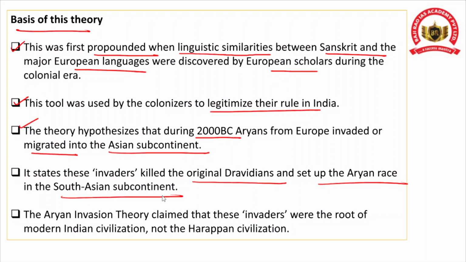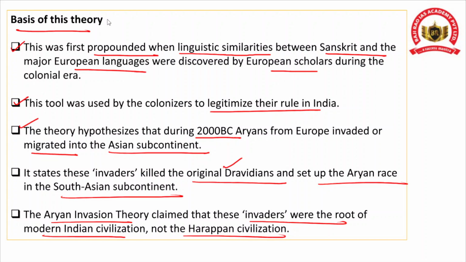It believes that the indigenous inhabitants were Dravidians, and that the Aryans invaded and killed them. The theory claimed that these invaders were the root of modern Indian civilization, not the Harappan or Indus Valley civilization.